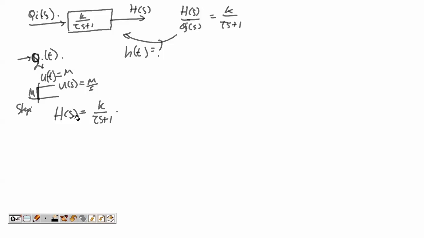So H(s), the output, is the transfer function times the input. The input is a step with magnitude M. So now we get H(s) equals K over (tau s plus 1) times M over s. For this case, you can refer to the characteristic or dynamic behavior of first order processes.